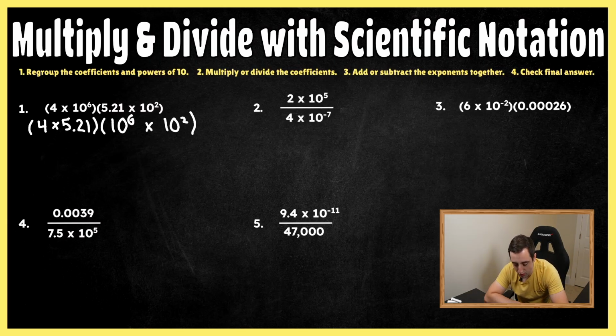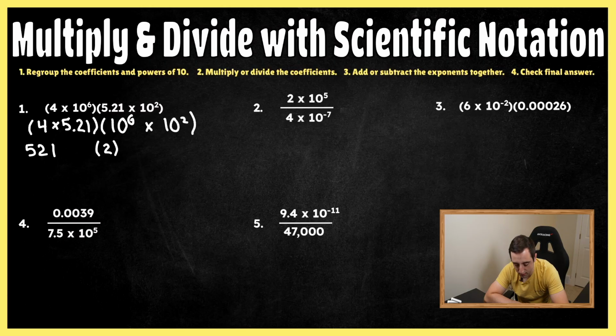Now one thing I like to do when multiplying with decimals is count how many numbers are behind the decimal point right off the bat. In this case, we have 2 numbers behind the decimal point in total, the 2 and the 1. On the side in parentheses, I'm going to put the number 2, and I'm going to completely ignore the decimal point when I multiply.